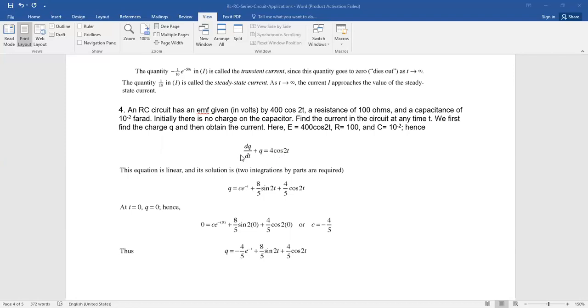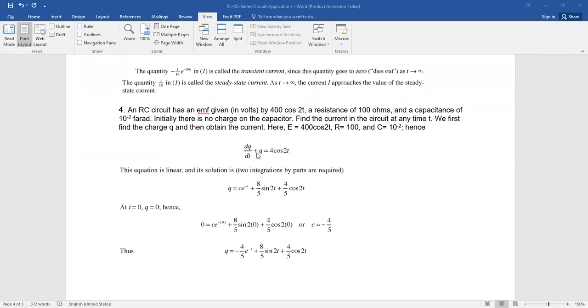Now, this particular equation that you have here is linear. This cannot anymore be solved using separation of variables because you already have the Q here and the time here. So you have to apply what you've learned in linear differential equation. You need to determine the integrating factor.